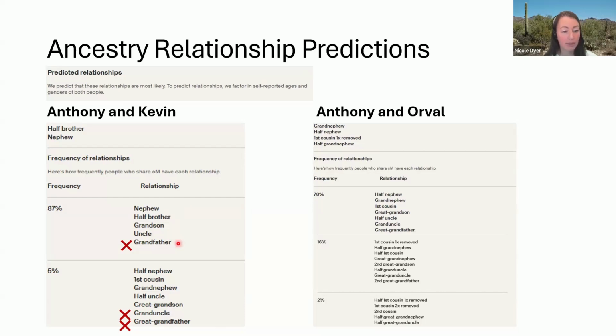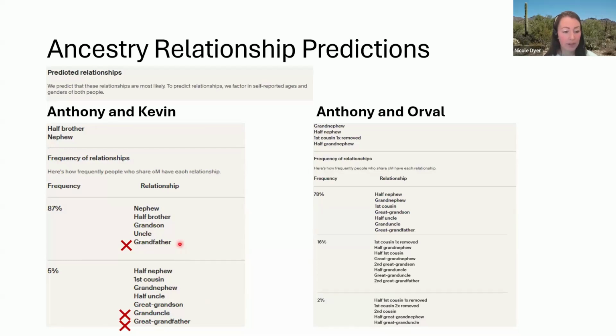Now, because of the tree, I can tell that Anthony could not be the grandfather of Kevin because I already know Kevin's grandfather. Looking at the tree, I'll show you in a second, he can't be the granduncle or great grandfather or grandfather of Kevin based on the age of Kevin's known grandfather.